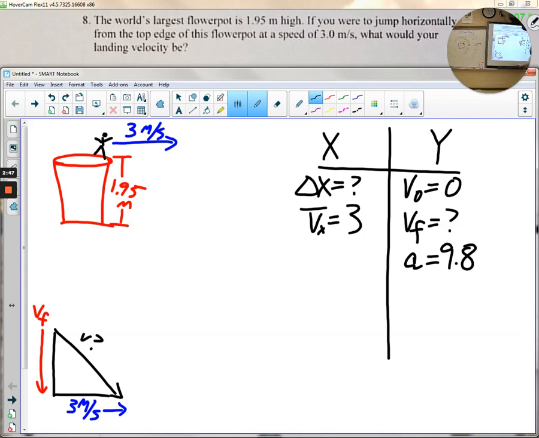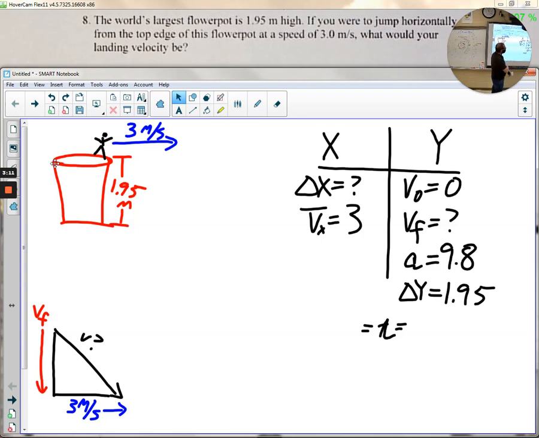And for both sides, I do not yet know what my time is equal to. Do I know delta Y? I do know delta Y. Delta Y is 1.95.